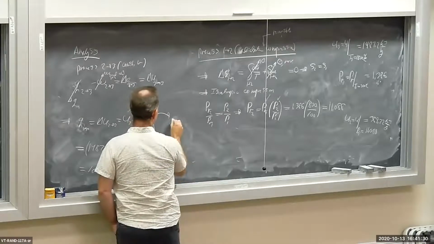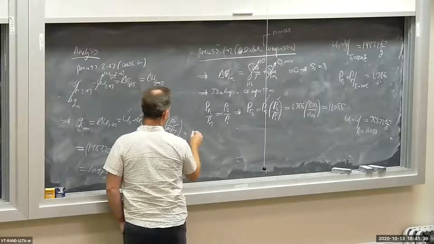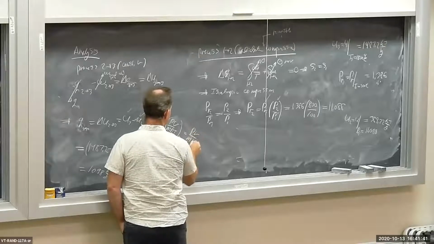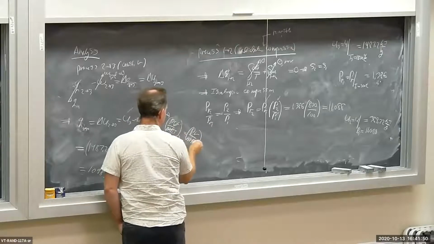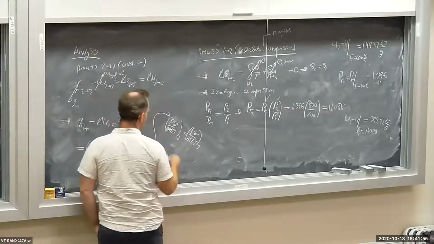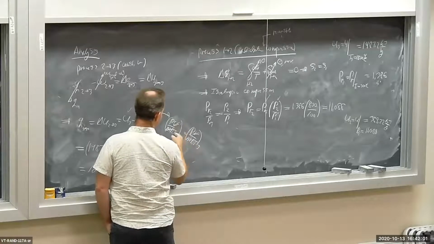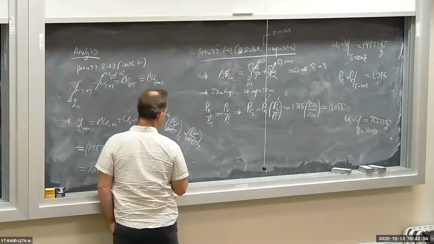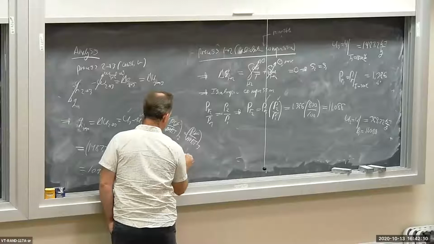So we have PV over MRT at state 2, and then we have PV over MRT at state 3. The M, R, and the volumes cancel out because it's isochoric. And so this implies that temperature T3 is equal to P3 over P2 times T2.